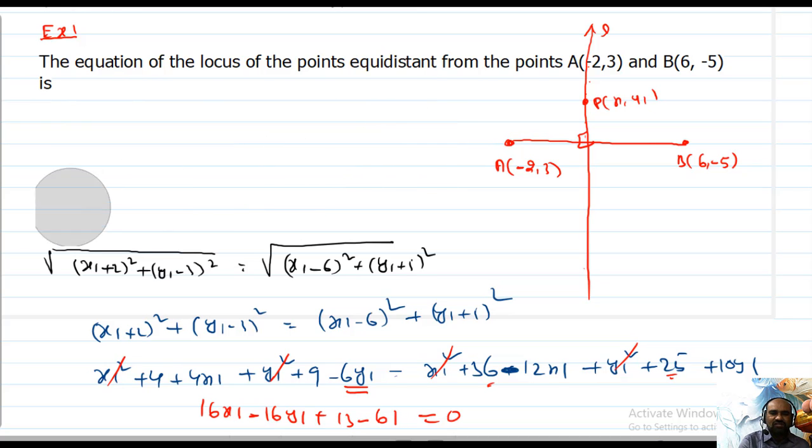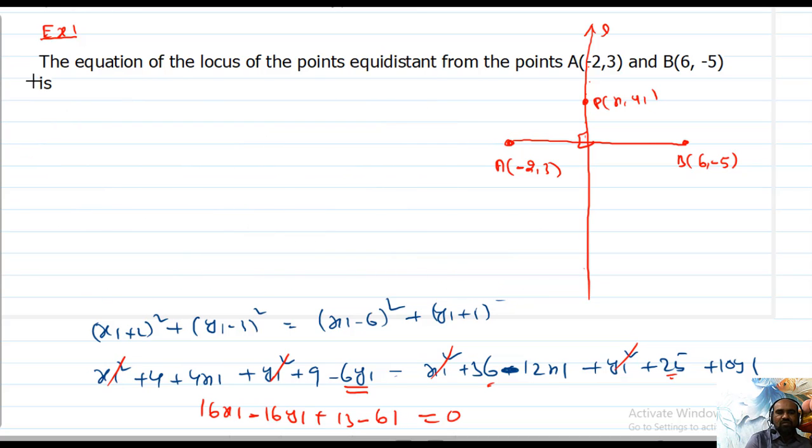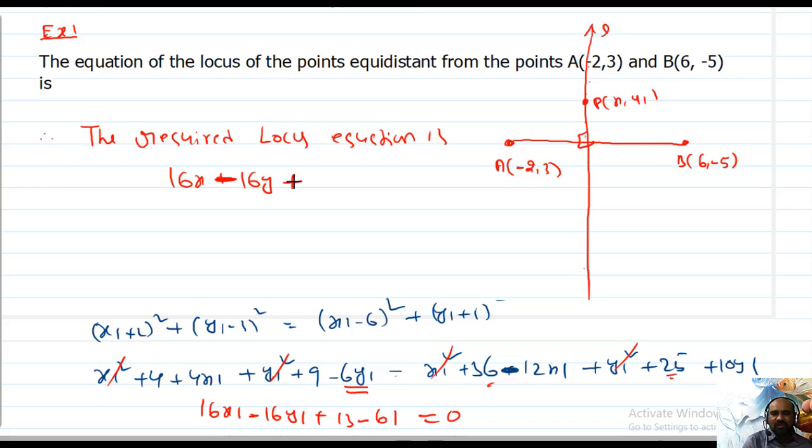I will write the conclusion here. Therefore the required locus equation is 16x minus 16y minus 48 equal to 0.